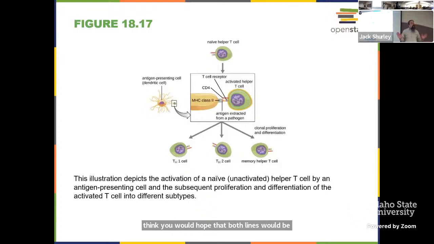Sometimes that's not the case, and you do only have one way that you're trying to treat this, but overall, you kind of hope that both of these things are happening, all right?